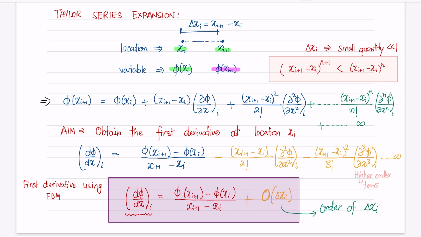So one important thing that I probably forgot to mention is that for this Taylor series expansion to work, phi must be continuous and differentiable. So this is a very important preliminary requirement for the Taylor series expansion to work. Without this, we will not be able to figure this out.